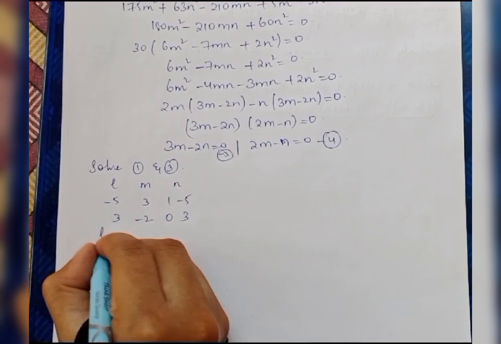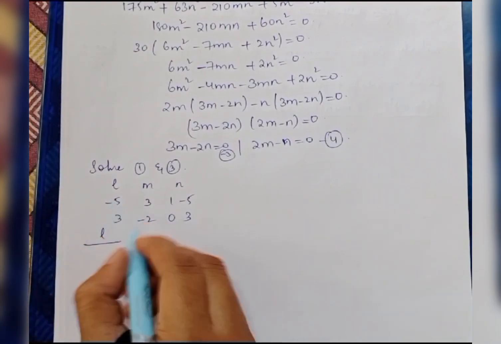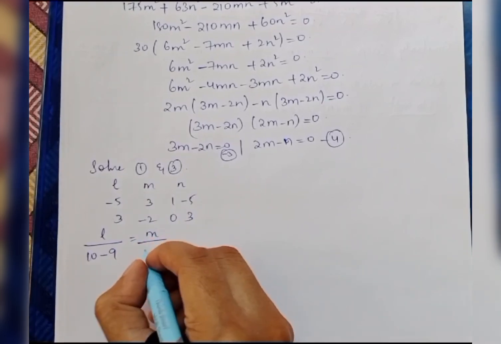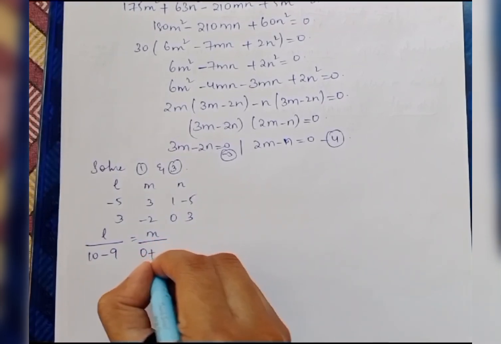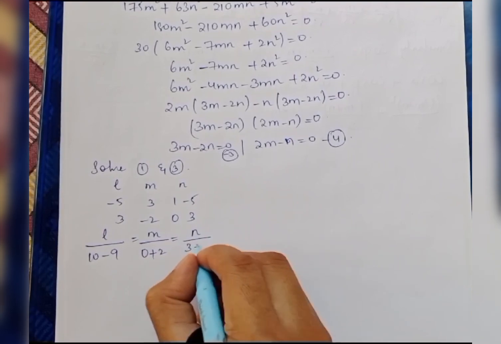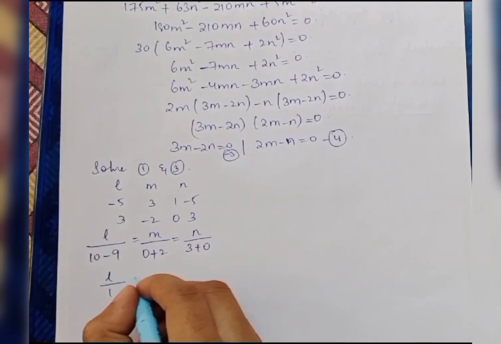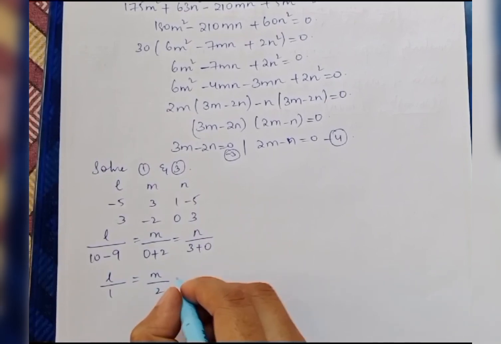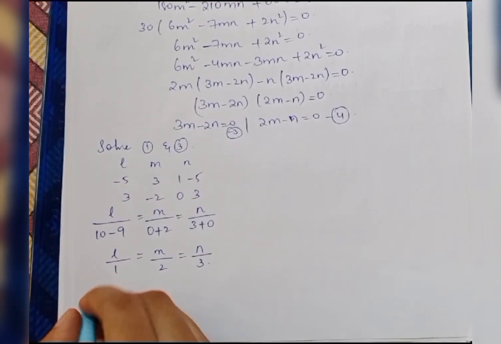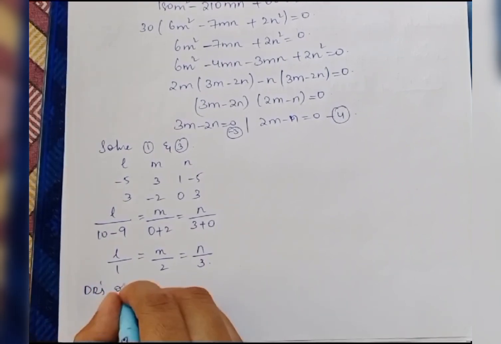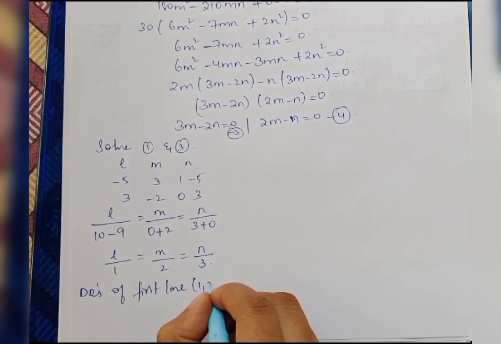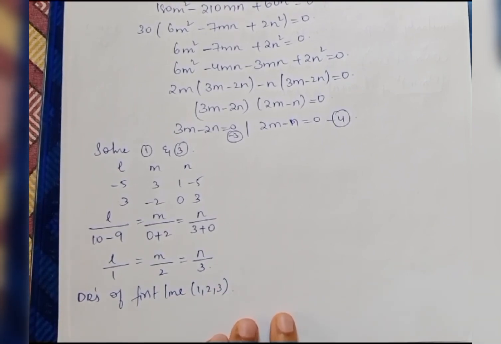So we'll get L by 10, 5 twos are 10, minus 3 threes are 9, equal to m by 0, 3 into 0 is 0, equal to n by plus 2, 2 ones are 2, minus 1 threes are 3, and it will be 0. That is L by 1 is equal to m by 2 is equal to n by 3. So we got the DRs of the first line: 1, 2, 3.